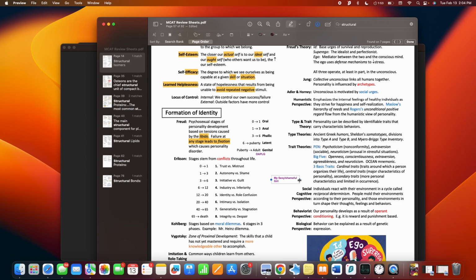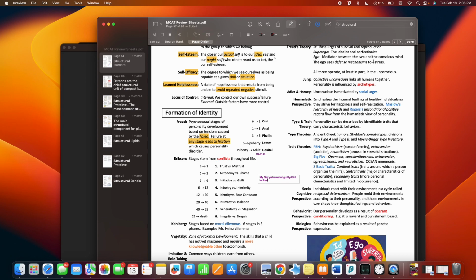And the G would be guilt versus initiative. Guilty girl, my sexy girl. In: inferiority versus industry. Yes.